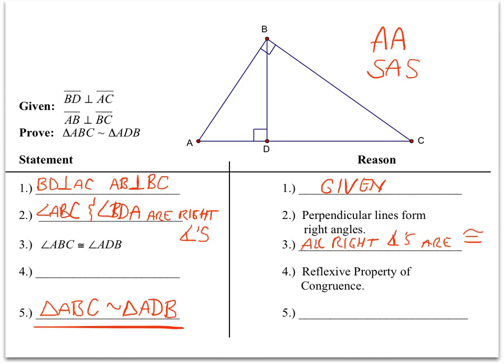But notice here, if we look at the bigger triangle, one of the angles here is angle A. The smaller triangle, one of the angles is angle A. So angle A is congruent to itself, angle A. And that's by the reflexive property, which states that everything is congruent to itself. So now what we've got is two angles. Last step, these triangles are similar by angle-angle.